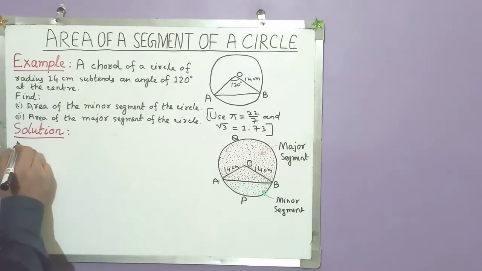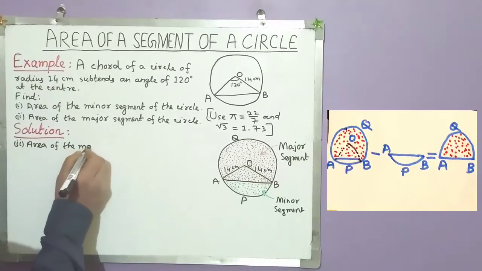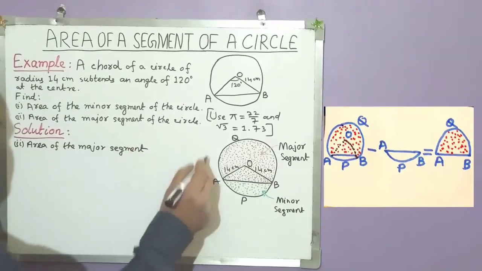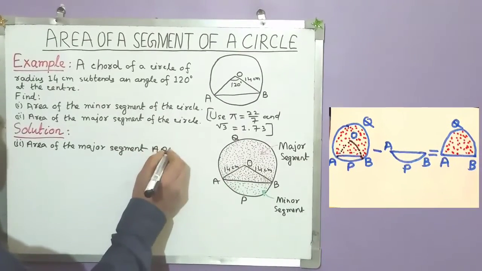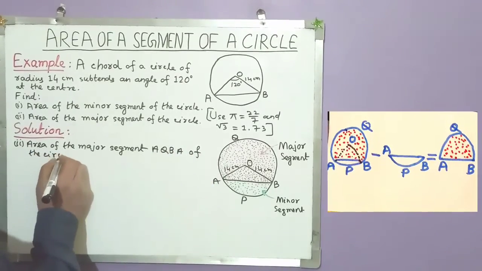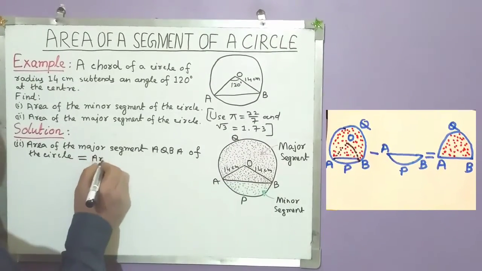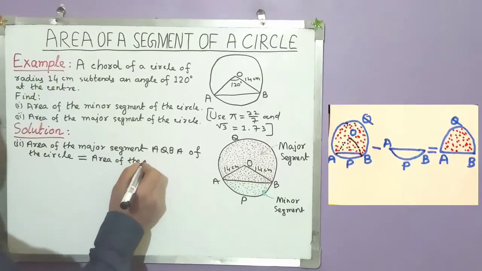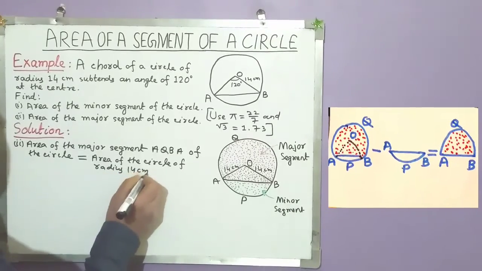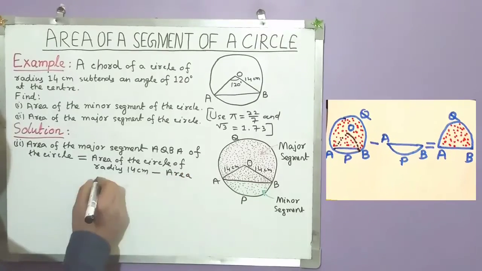Second part, area of the major segment AQBA of the circle is equal to area of the circle of radius 14 centimeter minus area of the minor segment APBA.